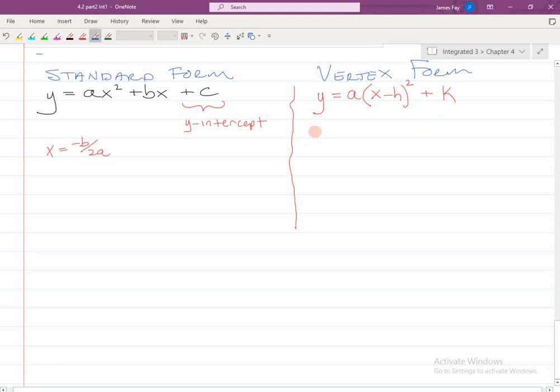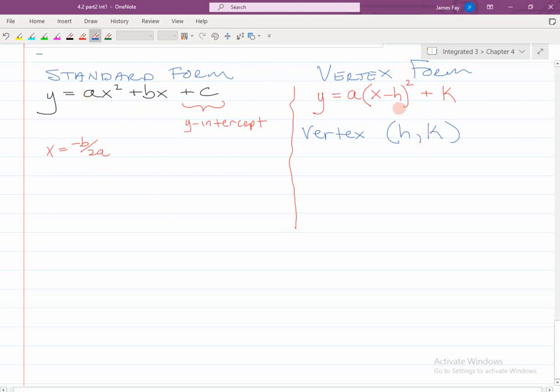In this problem, the vertex is located at whatever this h value is, comma, whatever that k value is. Knowing that, we should be able to work our way back and forth eventually between both formats.